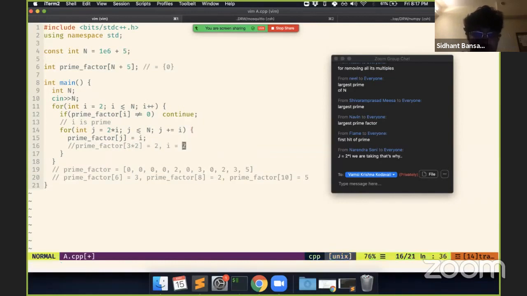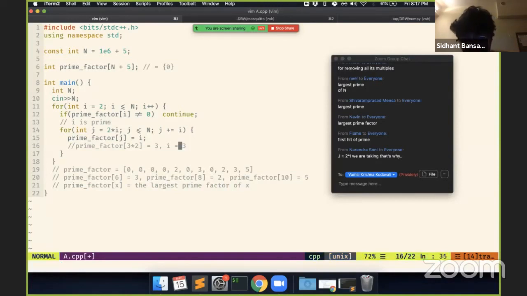But in a future iteration, when i is 3, you'll start saying that this is actually equal to 3. So the prime factor of x is going to be the largest prime factor of x. Does everyone get this?